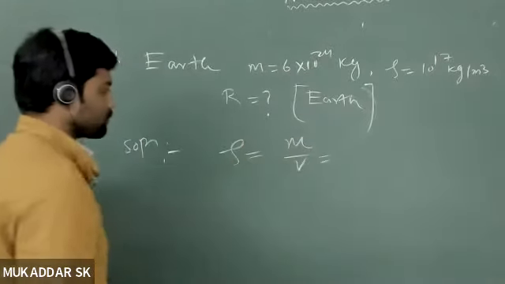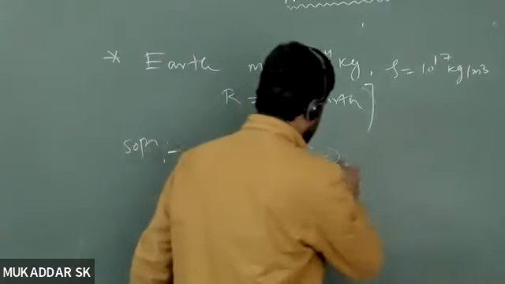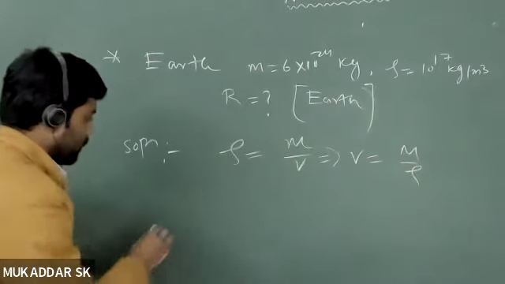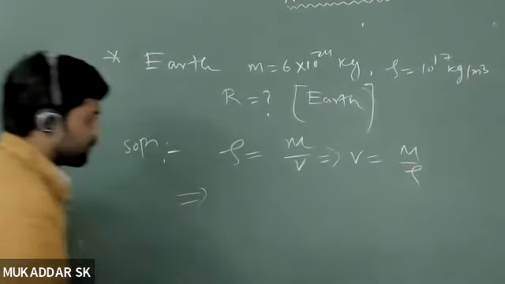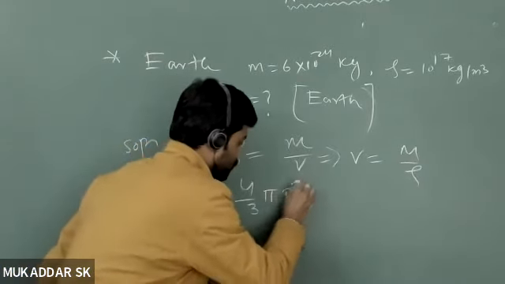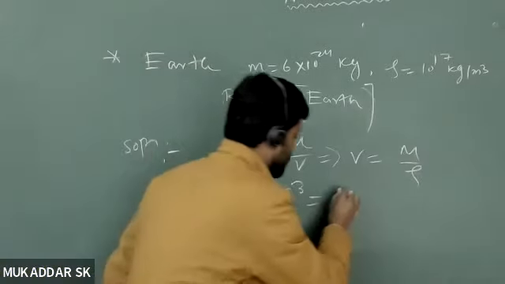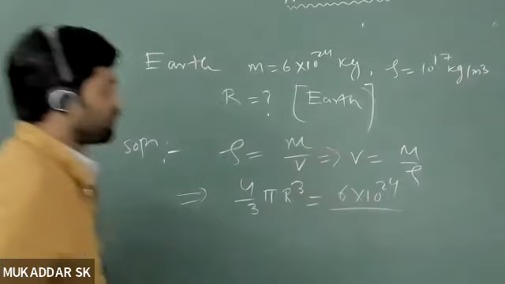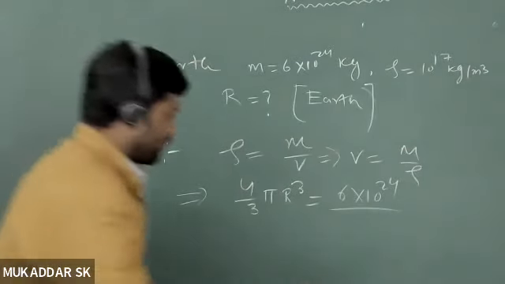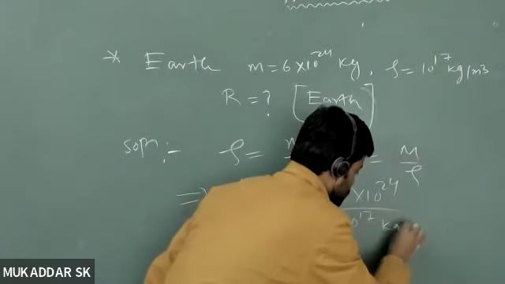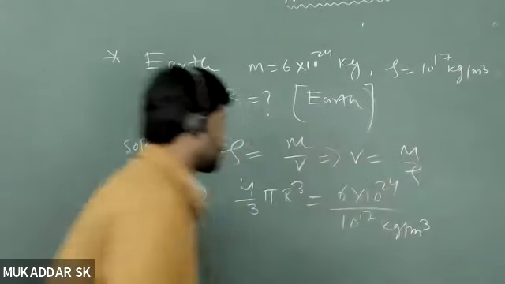It means volume will be mass by rho, and since earth is spherical, 4 by 3 pi r cube should equal the mass of earth, 6 into 10 to the power 24 kg, divided by the density, 10 to the power 17 kg per meter cube.